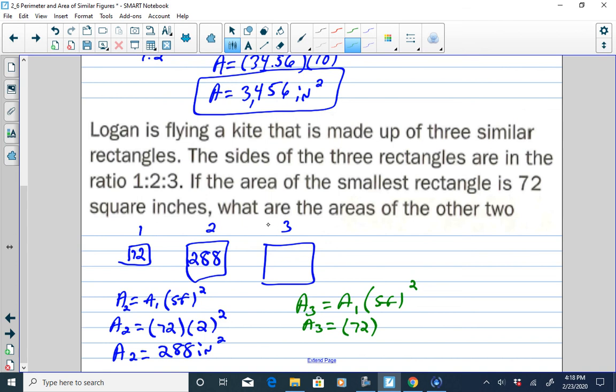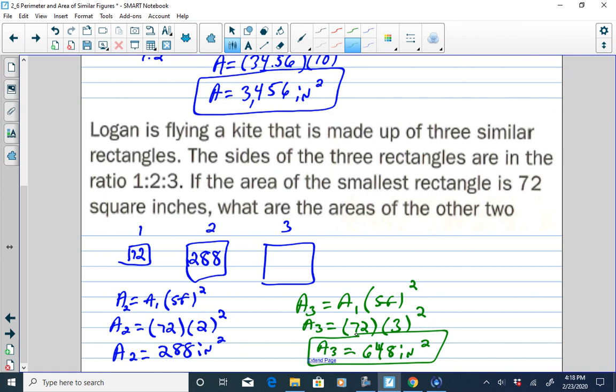Look at the ratios. 1 to 3 means that we have a scale factor of 3, but we're going to square that. So what's my area 3? Well, 3 squared is 9. 72 times 9, that's going to be 648. 648 square inches.